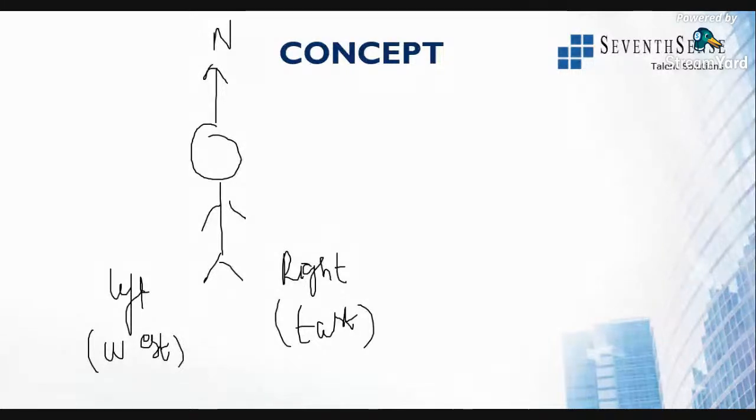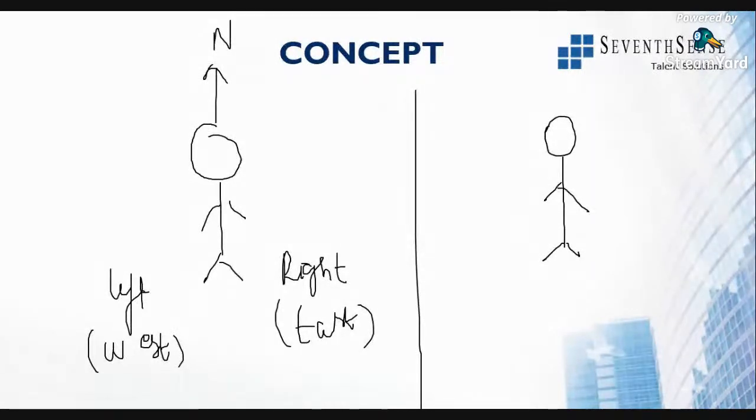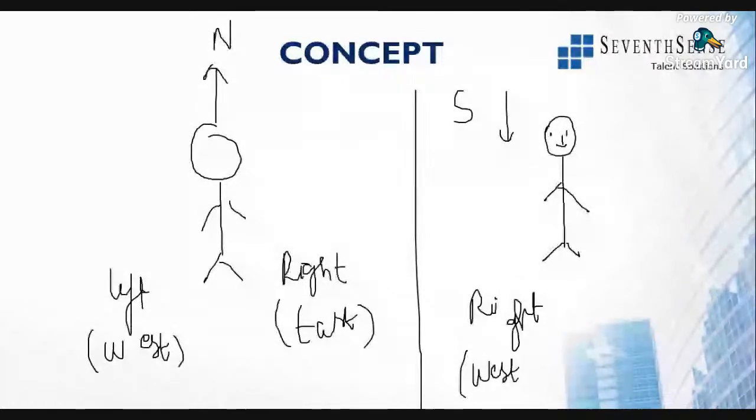So now here it's another scenario when you're looking at south. So south in the sense your face will be visible. All right. So now if you're looking at south direction, this will become your right hand. Right hand is nothing but west here. And left hand will become east.